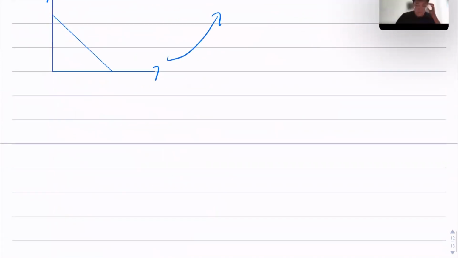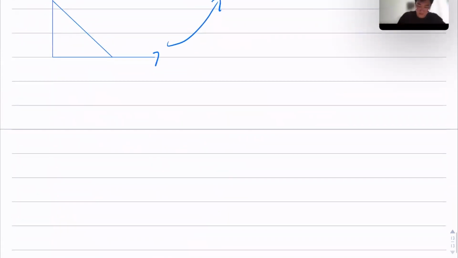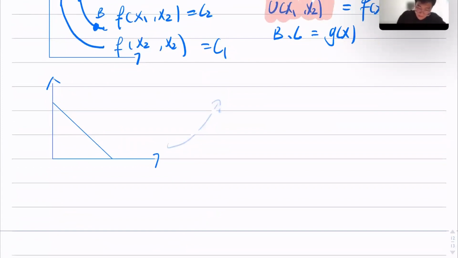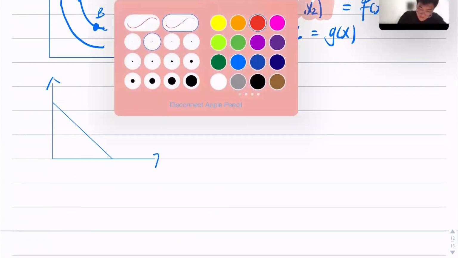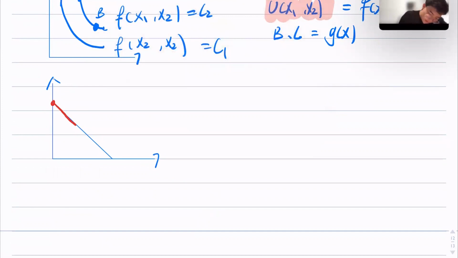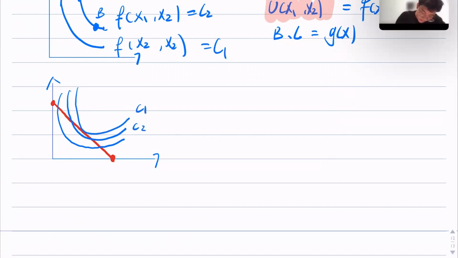The fundamental idea is the same as in math. When we have a fixed budget constraint right here, and these curves represent the utility that consumers can get, C1, C2, and C3, just like the contour lines.